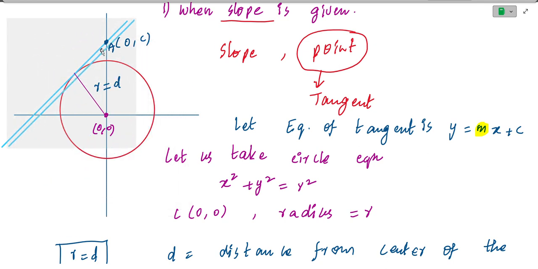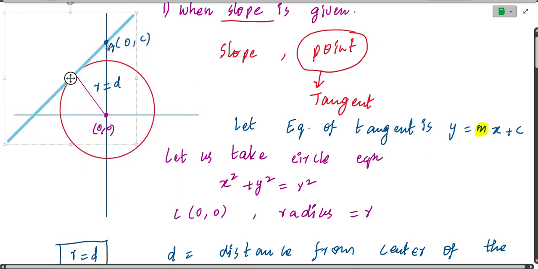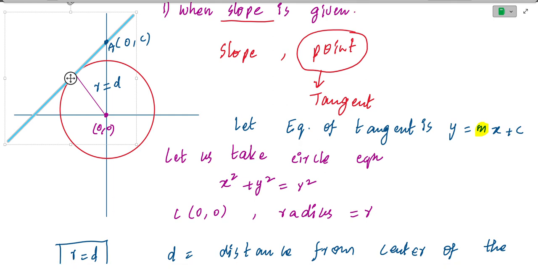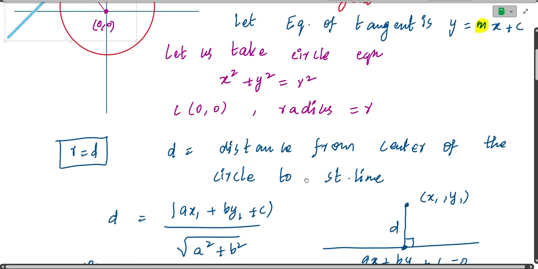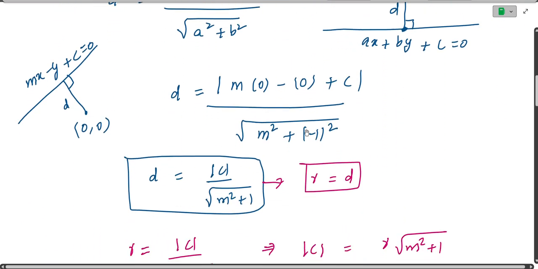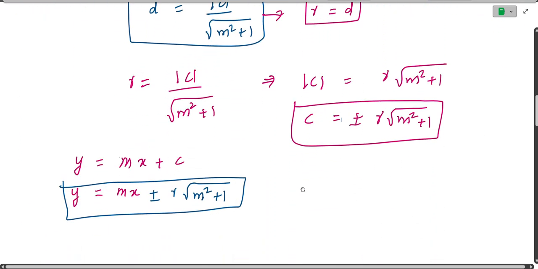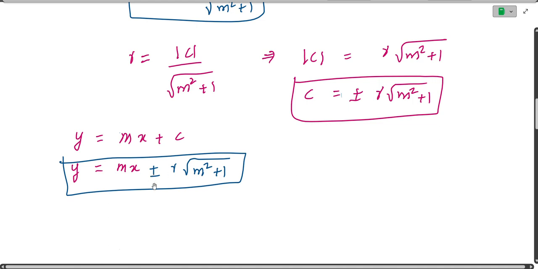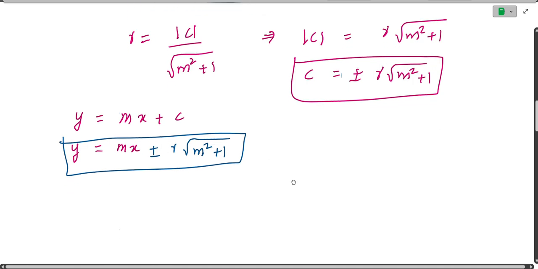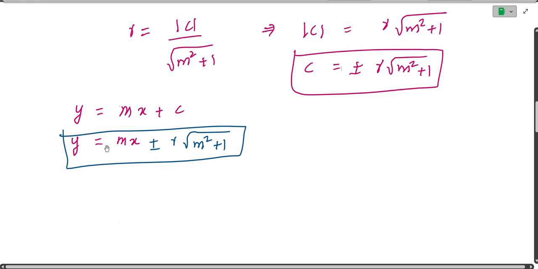Those two tangents correspond to this plus or minus sign. Plus sign is for one tangent, minus sign is for another tangent. So now we have got the equation of the tangent with the given slope m to the circle x square plus y square is equal to r square.